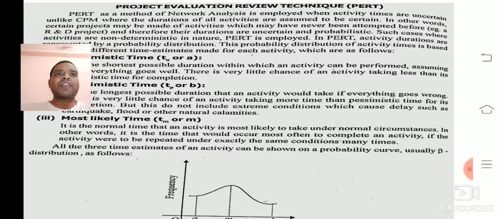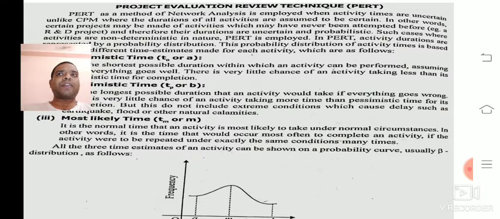Where the durations of activities are uncertain, in that case we use the Project Evaluation Review Technique. Please remember, when the durations of the activities are certain, we can use the critical path method. When the durations of the activities are uncertain, we can use the Project Evaluation Review Technique.